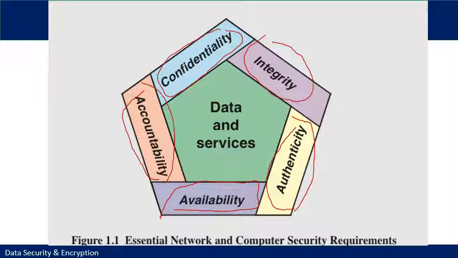Non-repudiation means that someone does an action and then claims that he or she has not done it. So accountability maintains a standard that all the actions are traceable and recorded, and you should be able to find out the exact cause of any event or any transaction.